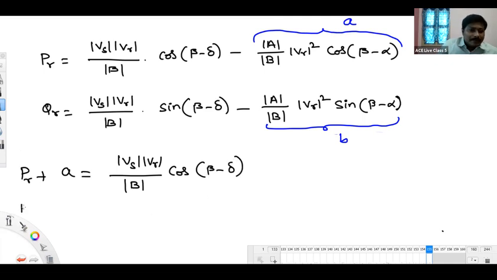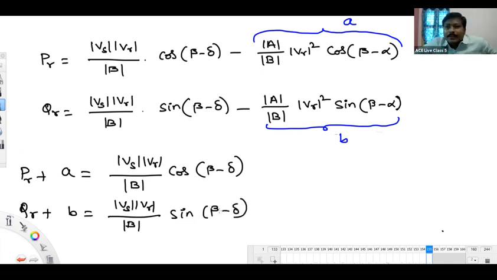And QR plus B is coming as Vs into VR by mod B sin of beta minus delta. Like this: PR plus A is Vs VR by mod B cos of beta minus delta, and second, QR plus B is Vs into VR by mod B sin of beta minus delta.